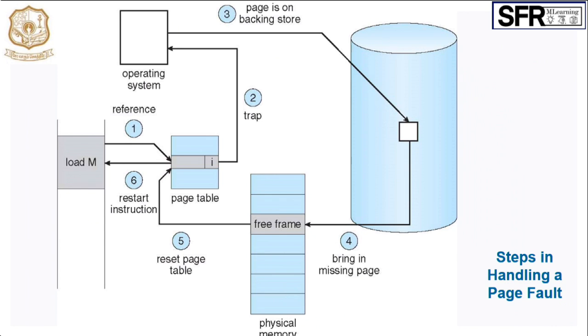And next, after bringing it into the main memory, it has to reset the page table entry from invalid to valid. That means now the page is available for execution, and after resetting the page table, it restarts the instruction. So, this is how the OS takes care of the page fault, and this takes some system time.